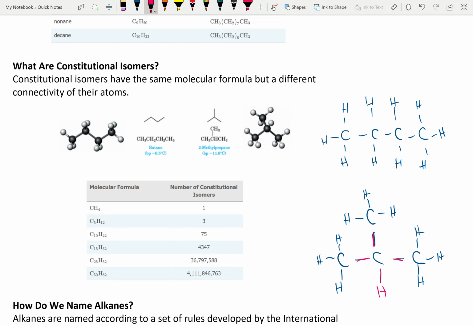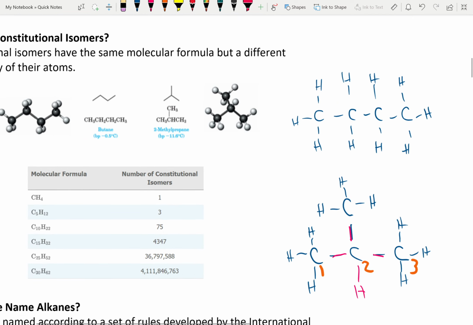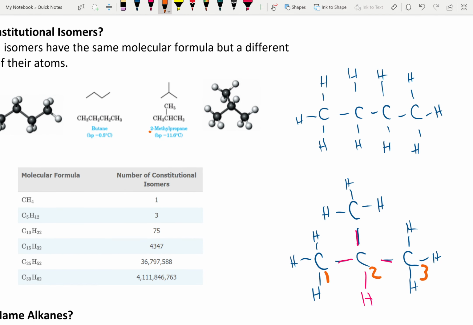So if you number your carbons, let me use another color. So we have 1. You'll number them to the longest string. So we have 1, 2, and 3. We see that on the second carbon we have another carbon attached. So that's where you get this 2 from. Let me zoom in. You see it says 2-methyl propane.